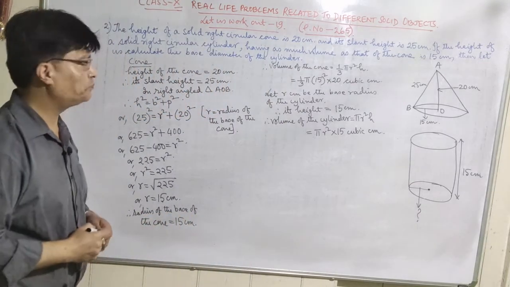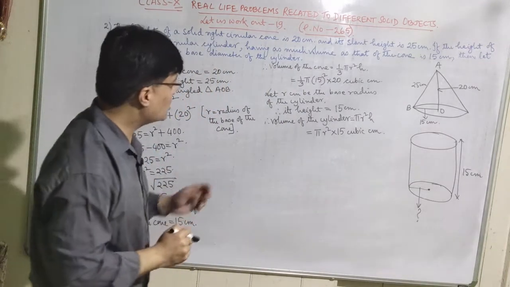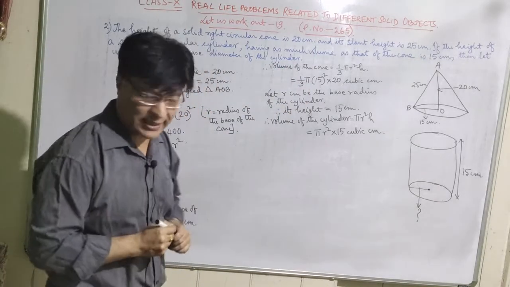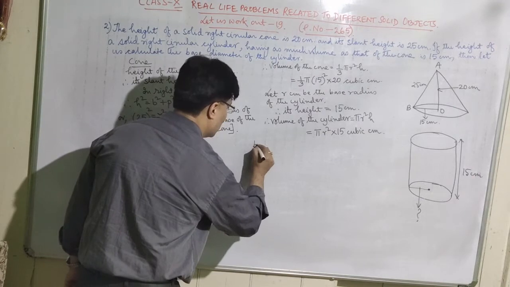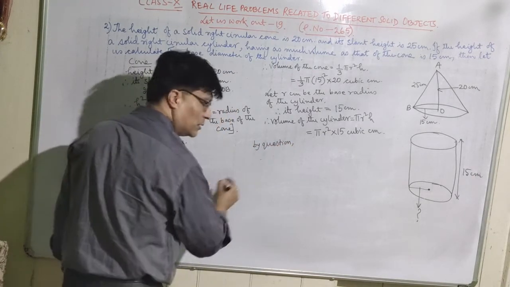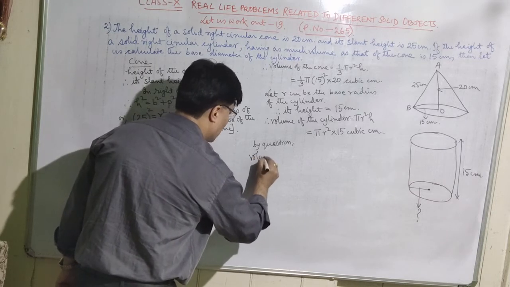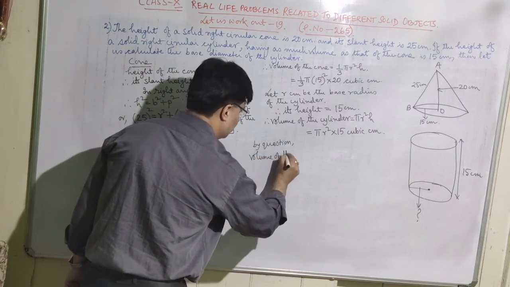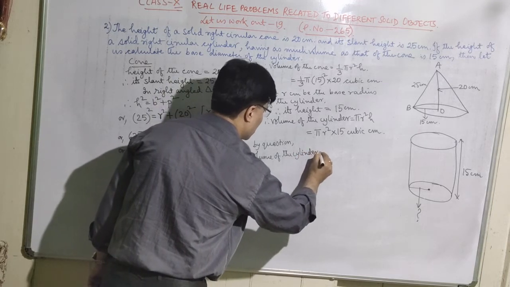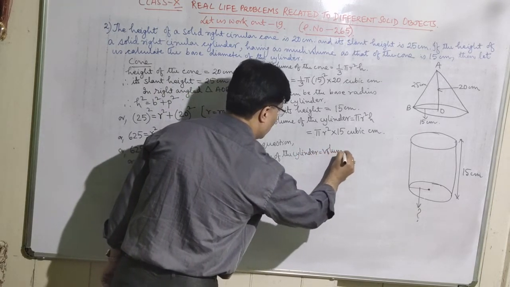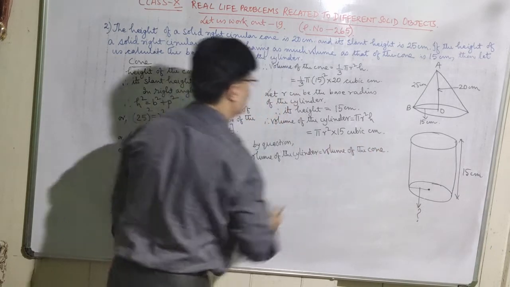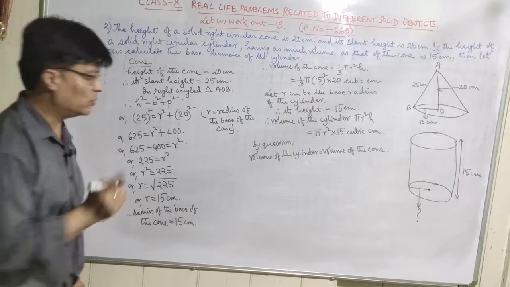Is that clear now? Now by question it is given that the volume of the cone is equal to the volume of the cylinder. So by question, the volume of the cylinder is equal to the volume of the cone.